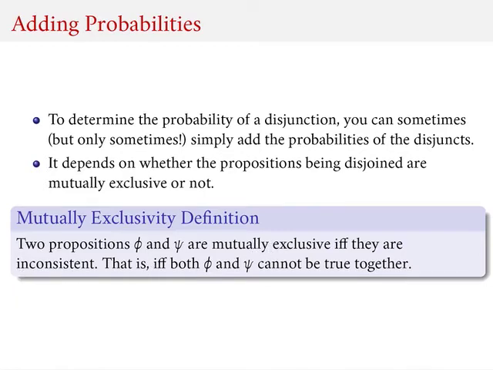And if you can recall, what it means for phi and psi to be inconsistent is for it not to be possible for them to be true together. So in terms of truth tables, on the joint truth table for phi and psi, there is no row on which they're both true. So again, being mutually exclusive means it is not logically possible for them to be true together.